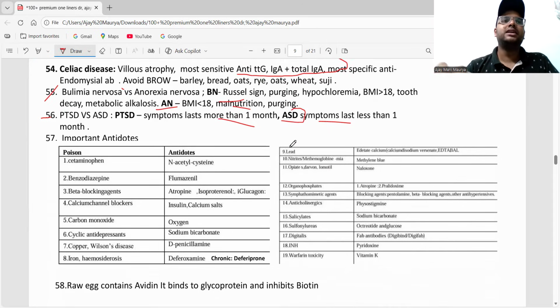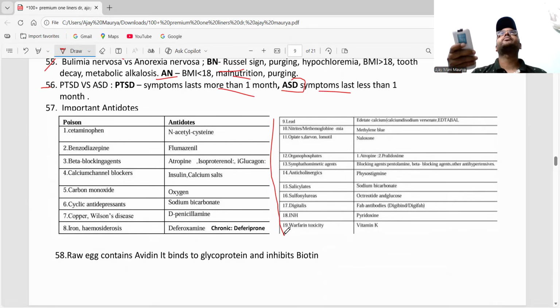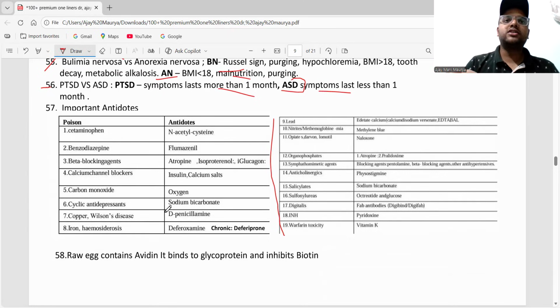Done. Next one, some important antidotes. I think everyone knows about this, but these are very, very important. Everyone makes mistakes here, I'll tell you. For acute iron poisoning, the antidote is deferoxamine.